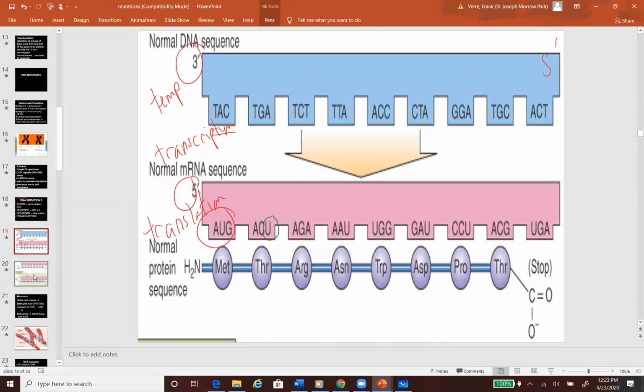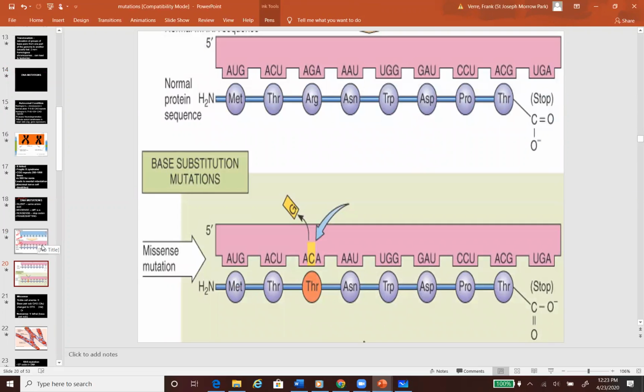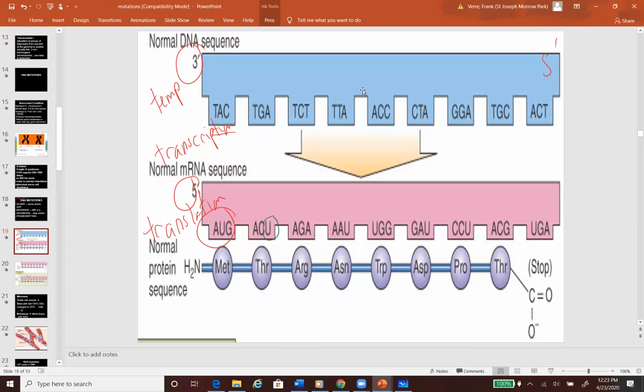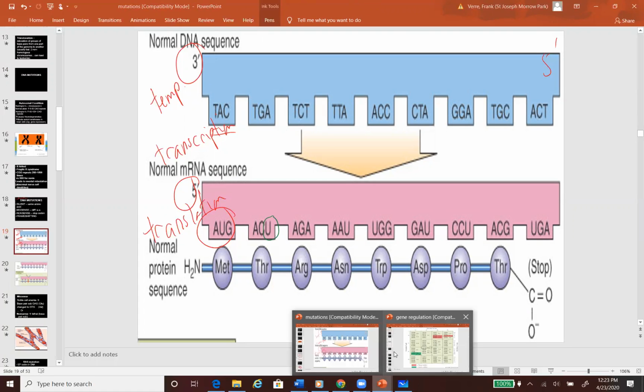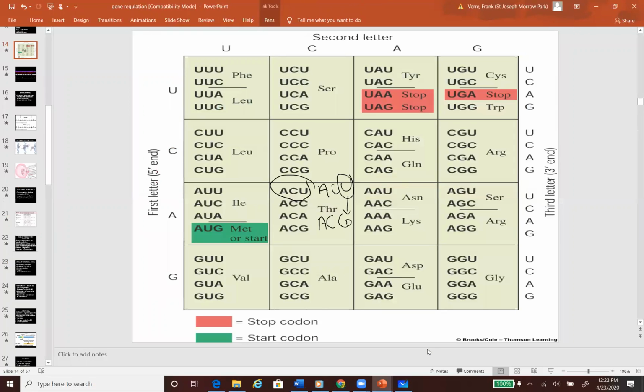So actually, I don't have a slide of that. I thought I did have a slide of that. I don't. Okay. So in a missense mutation, if you change a letter and you get the same amino acid, that's considered a silent mutation. Now notice that it's often the third letter.